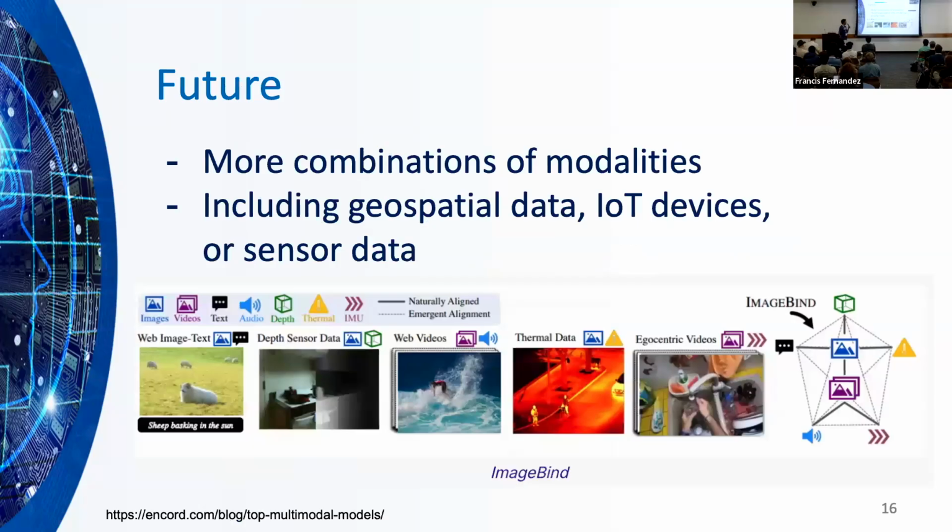So what's the future? Because you're able to take any input and put it onto the vector space, you can take any input that you want. This is an example, ImageBind, an older model from 2023, I think. It takes the typical images, text and videos, but it can also take depth sensor data, thermal data, and egocentric videos and do some cool stuff with it.